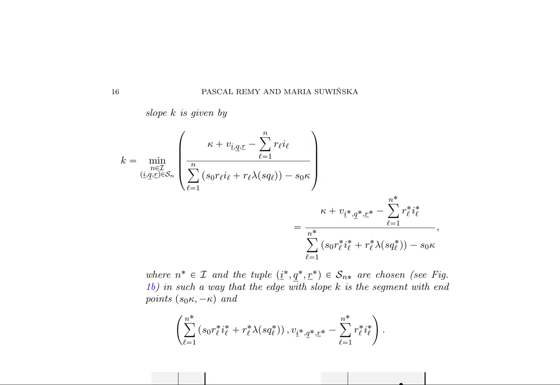In the Newton polygon associated with equation 8, the slope k of the edge is given by the expression k equals the minimum over the tuples of the ratio involving v_{q,r} and the sums over l of r_l.